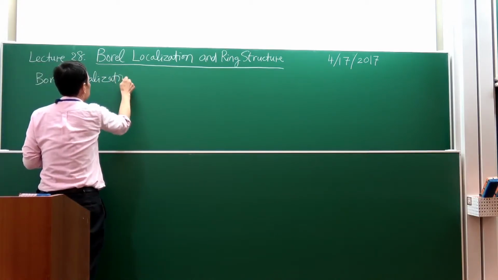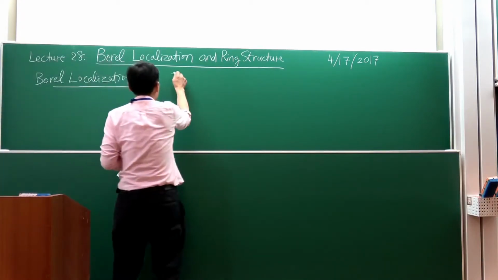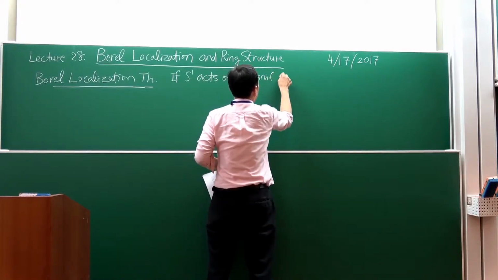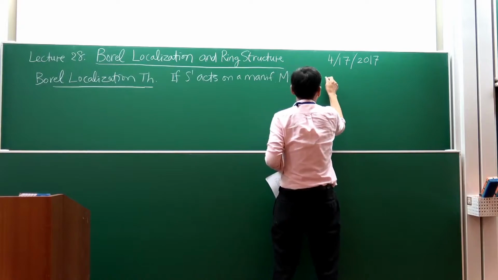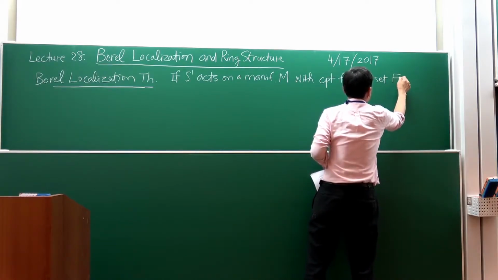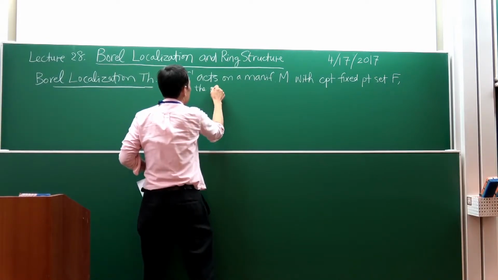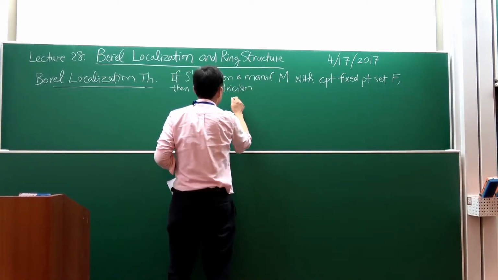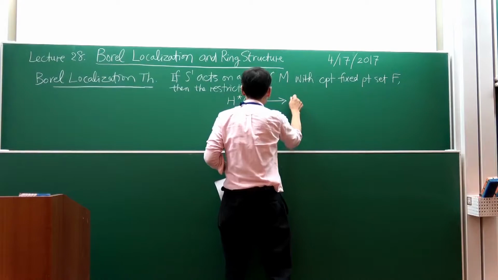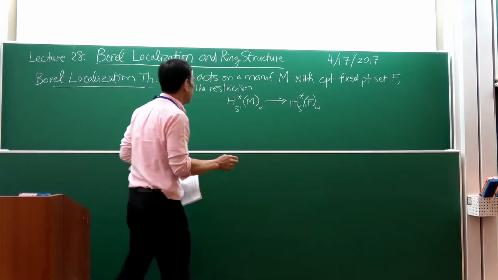So the Borel localization theorem says that if S1 acts on a manifold M with a compact fixed point set F, then the restriction homomorphism from the localized equivariant cohomology of M to the localized equivariant cohomology of the fixed point set is an isomorphism.